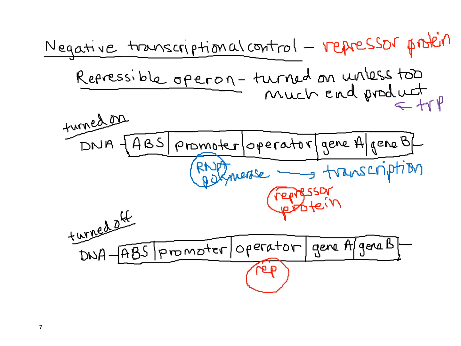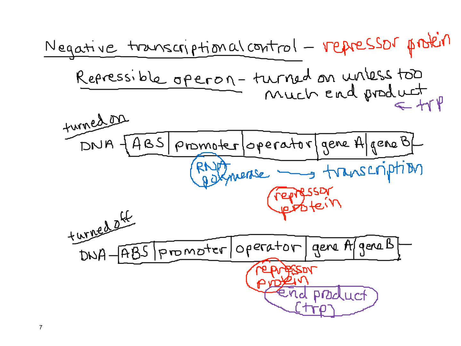So how this is going to happen is that our end product, tryptophan, will bind to the repressor protein, and that'll change the shape of the repressor protein and allow it to bind to the operator.